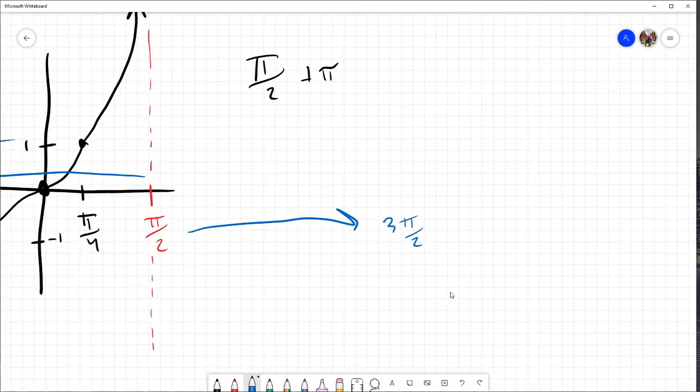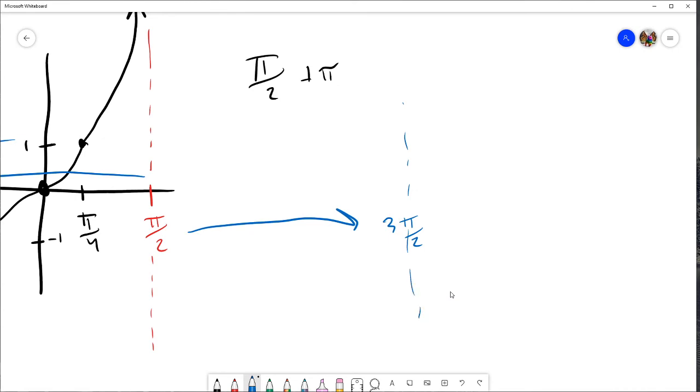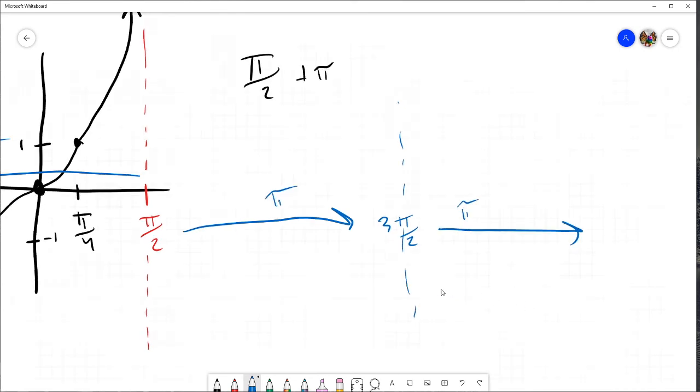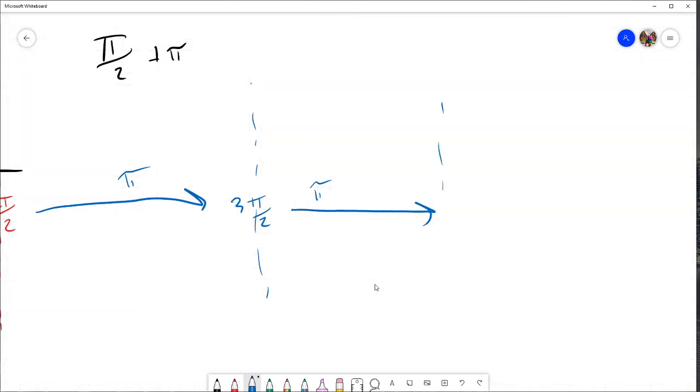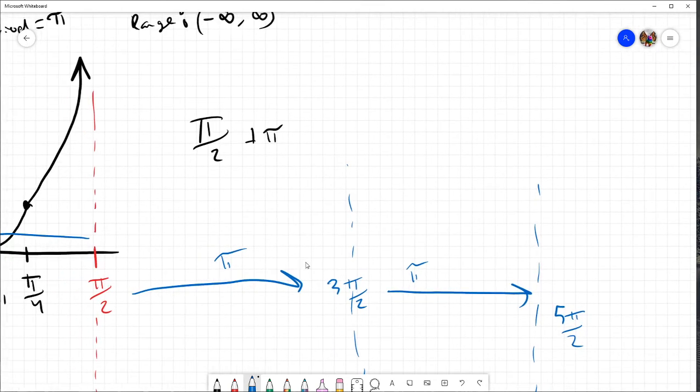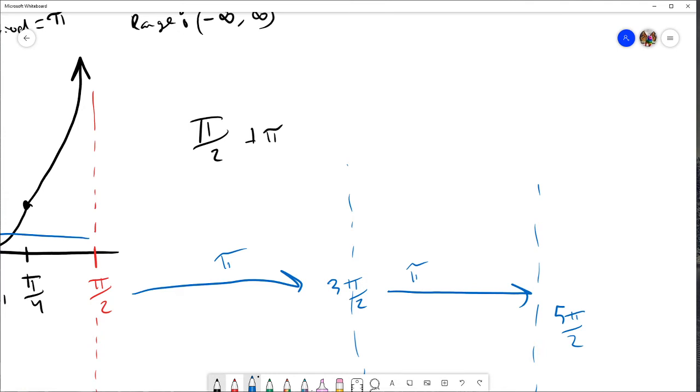And then if I want to get the asymptote past that, that's going to be another pi. So in order to find all the asymptotes, we need to keep adding multiples of pi. So how we write this is, we're going to erase that pi. So we're going to have to multiply it by integer multiples of pi. Alright.